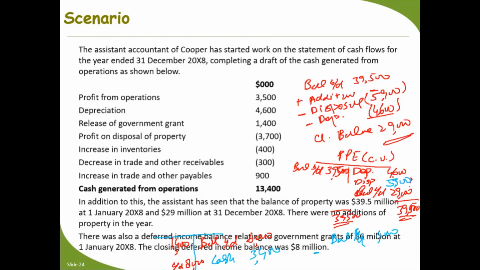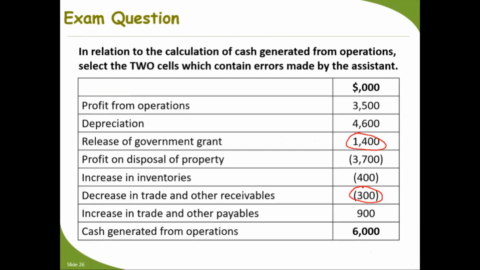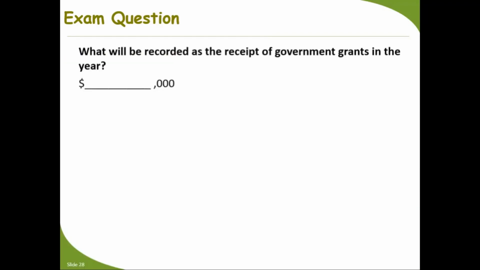Balance carried down 8,000 plus income statement charge, which is 1,400, minus balance brought down, which is 6,000, equals cash received, 3,400. So our answer is 3,400.